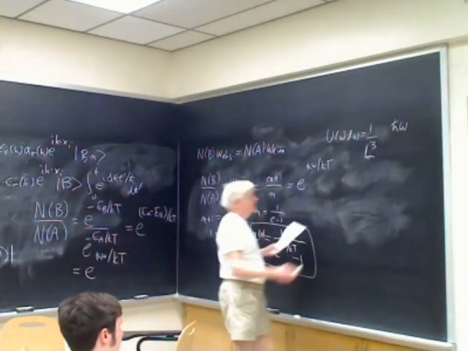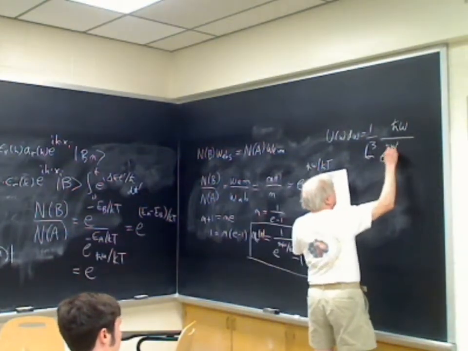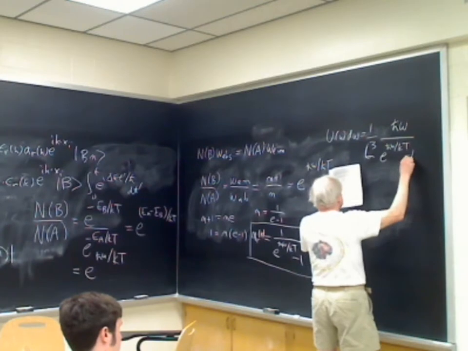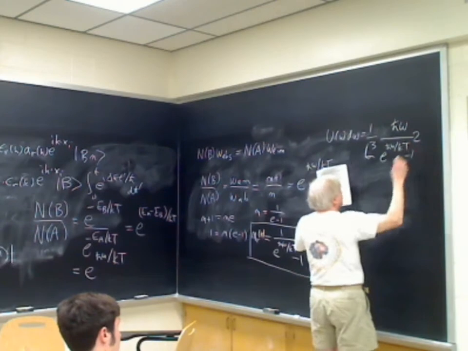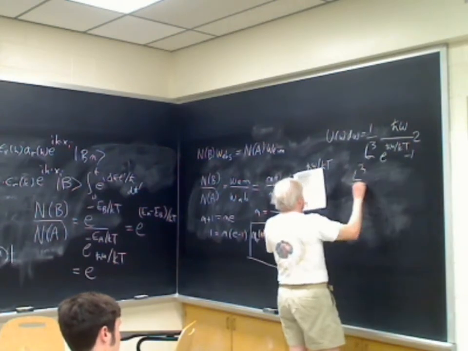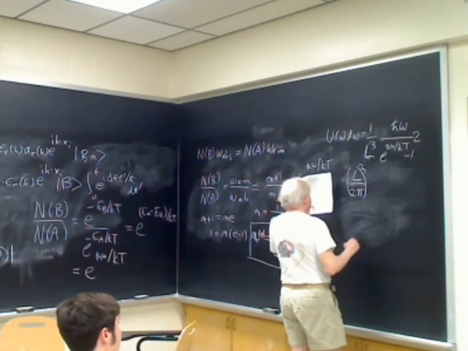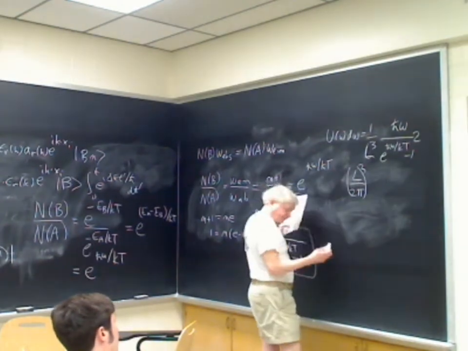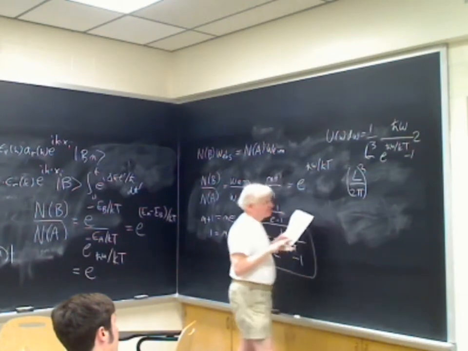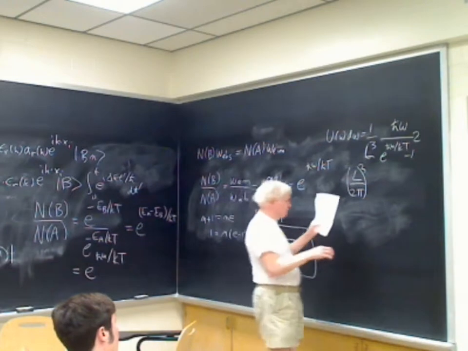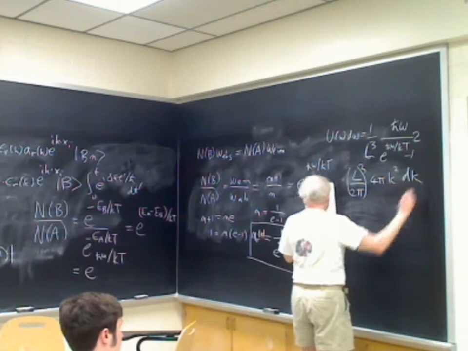This is the weight over e to the h bar omega over kT minus 1. There are two polarization states. That's 2. Then remember we have L cubed over (2 pi) cubed, going from box quantization to continuum quantization, and then 4 pi k squared dk.